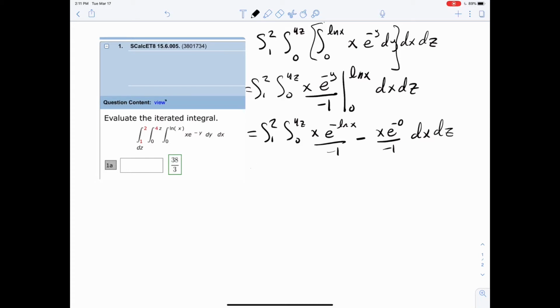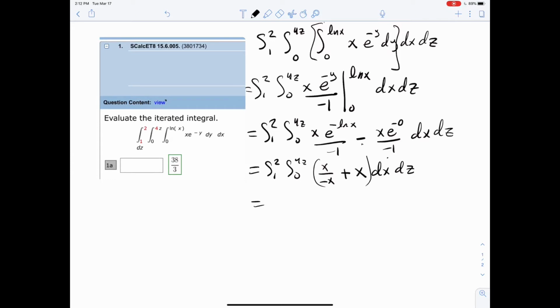All right, e to the natural log of x is just x, because e and the natural log are inverse functions, but it's e to the negative that, so really this would be in the denominator. So we have x over -x, and then this will be plus because minus a minus, and e to the 0 is 1, so we have there dx dz.